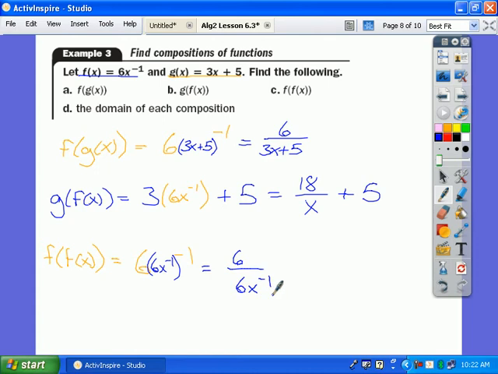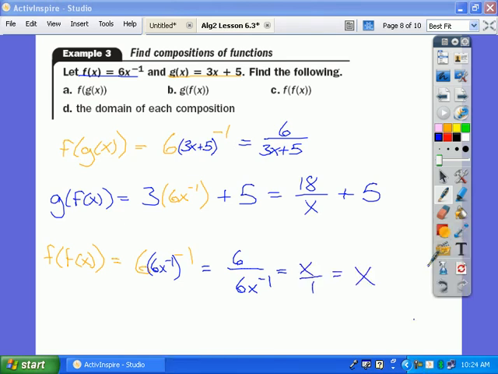The x to the negative first comes up to the numerator. If you want to write this as x over 1, you could, but we don't do that. We just say x. We assume that it's over 1. Let me pause there for just a moment.